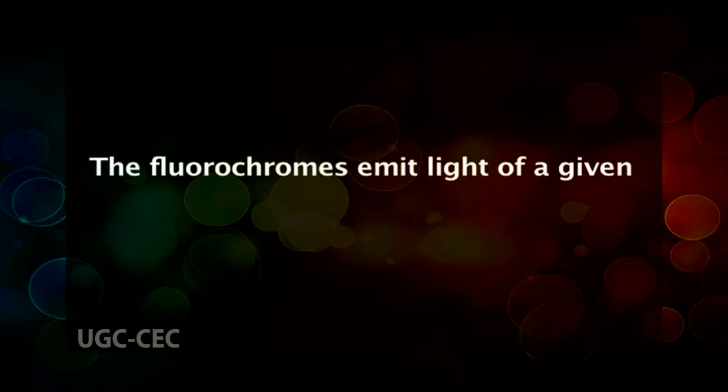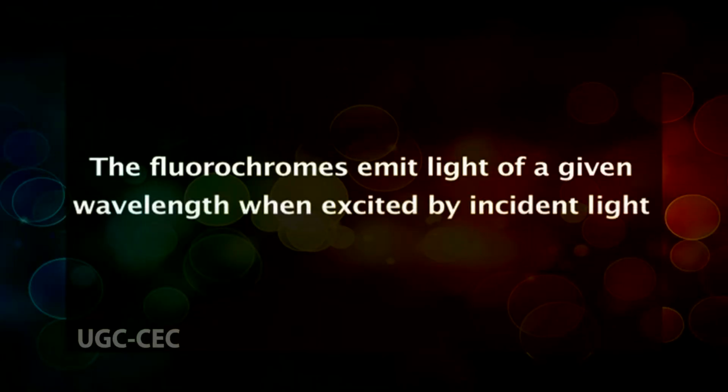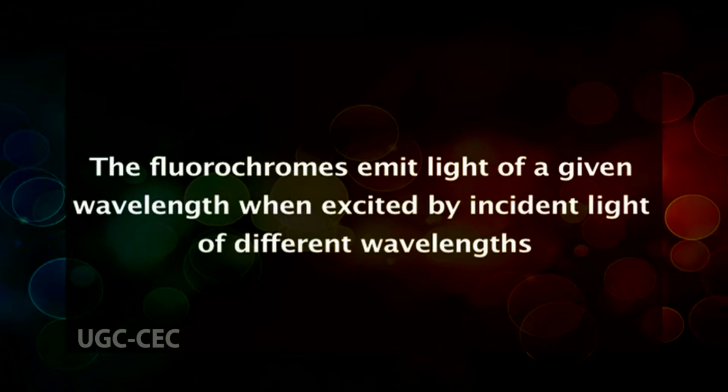However, most biological molecules do not fluoresce on their own, so they must be linked with fluorescent molecules, that is fluorochromes, in order to create specific fluorescent probes. The fluorochromes emit light of a given wavelength when excited by incident light of different wavelengths. Specimens labeled with a fluorochrome such as fluorescein or green fluorescent protein are illuminated with the relevant wavelength of light and emit the energy as a longer wavelength.